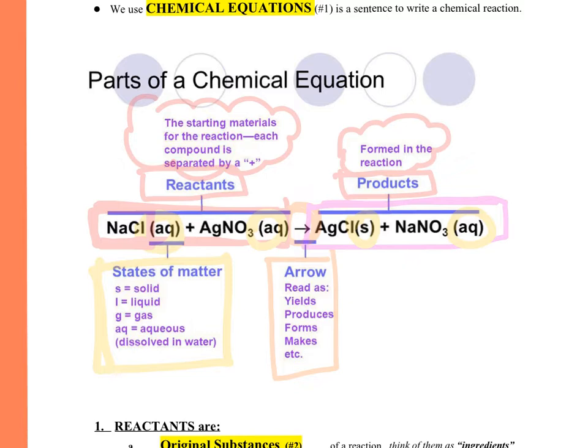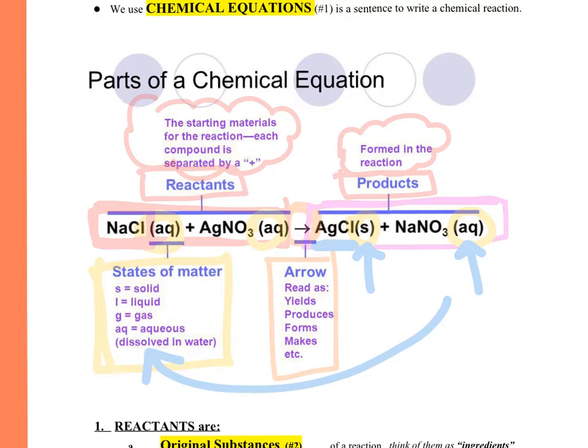After the arrow, the 2 products you got were AgCl, right here, and the state of matter for AgCl is an S, so that means it was solid. And for NaNO3, the state of matter, in parentheses, is AQ, which means it was aqueous. Okay? The state of matter will always be in parentheses.